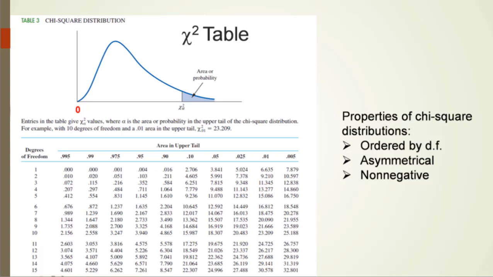The smallest chi-square statistic is 0. This is reasonable because it is the sum of squared differences between observed frequencies and expected frequencies. On the table, only the upper-tailed probabilities are given. When we work on chi-square tests, we usually only deal with upper-tailed probabilities.